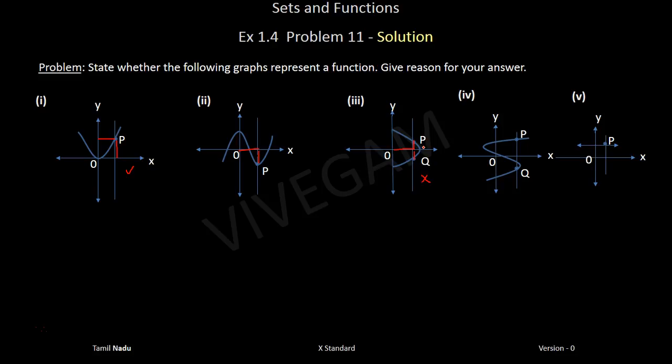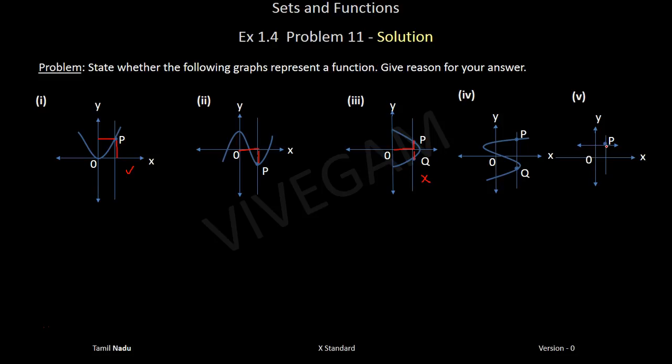So, the key is the vertical line test. If you draw a vertical line in any of these graphs and it cuts more than one point, it is not a function. If it cuts only at one point, it is a function. In this case also, this is not a function because it's cutting at 2 points. In this case, it is a function, a constant function, because the vertical line intersects only one point.